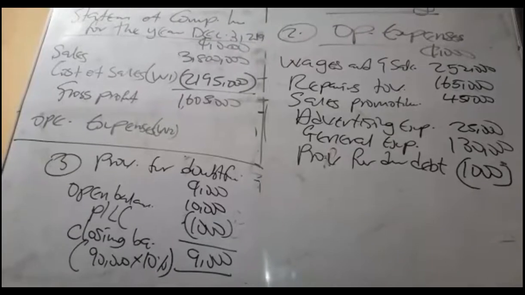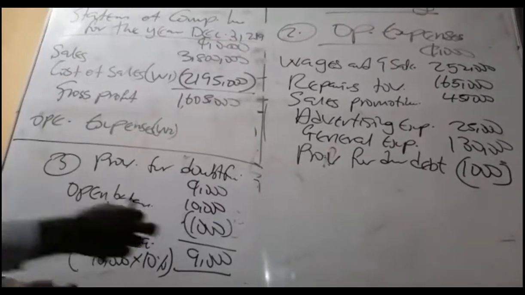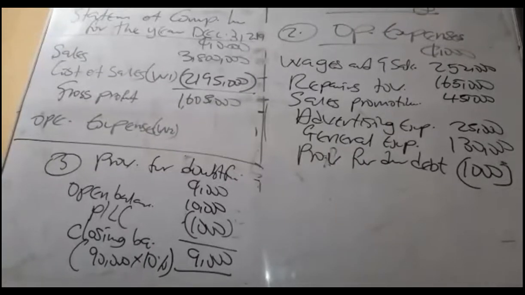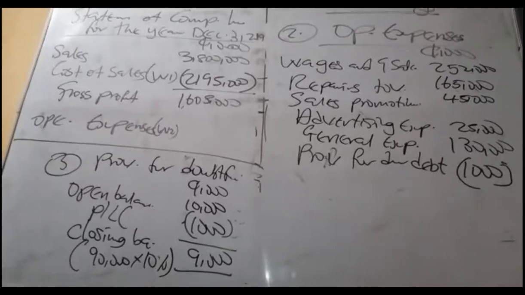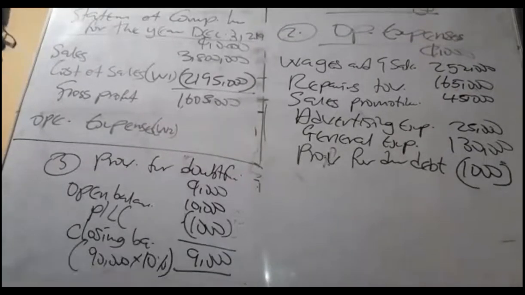Then don't sleep. Immediately, the closing balance goes to the financial position, preferably the trade receivable. You have to net it off against the receivable itself. So we should post the entry first before we move on.